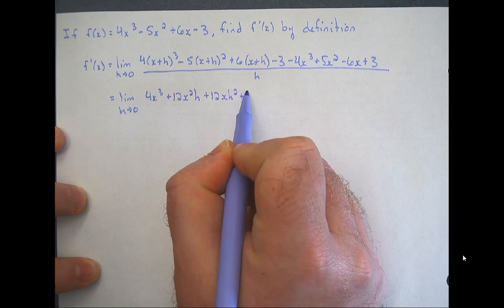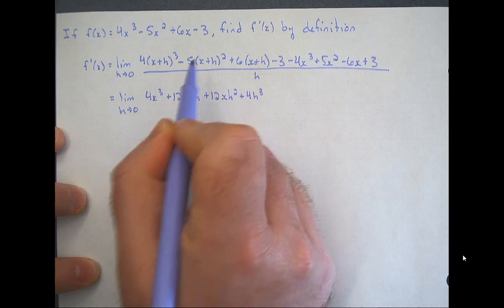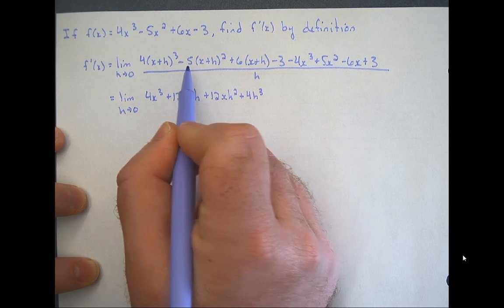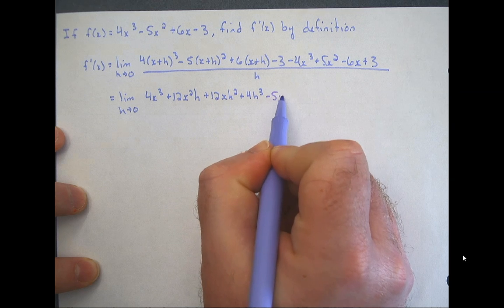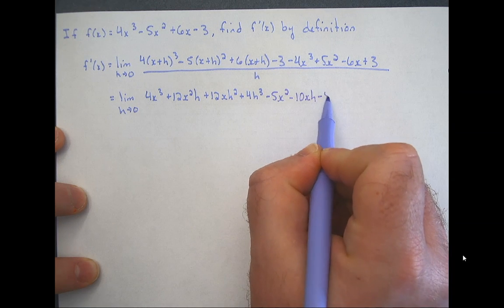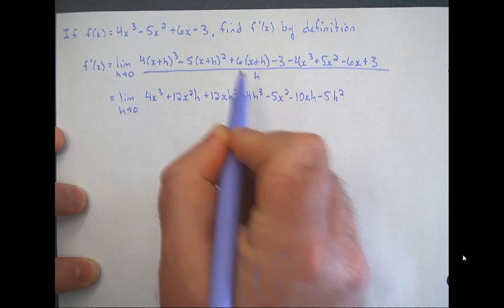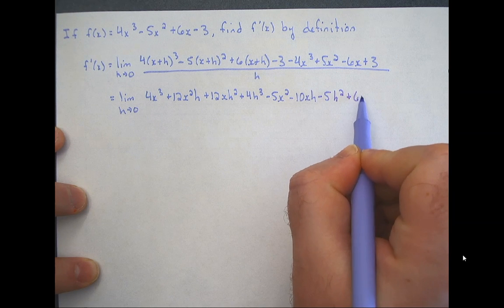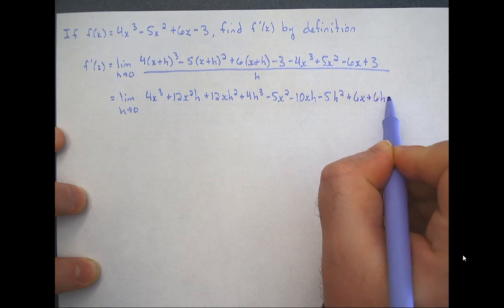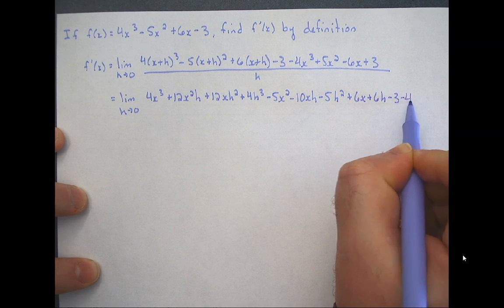Then we have 4h cubed. This is a 1, 2, 1, but with a negative 5, so that's negative 5, negative 10, negative 5. Negative 5x squared minus 10xh minus 5h squared, and then I would just distribute the 6: plus 6x plus 6h, and then the rest would get copied down.